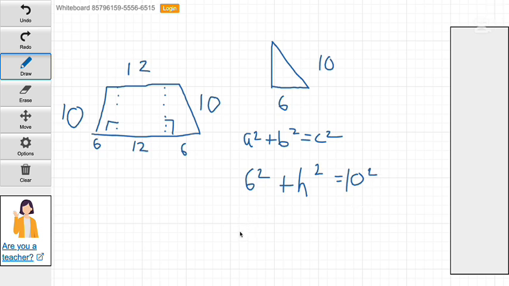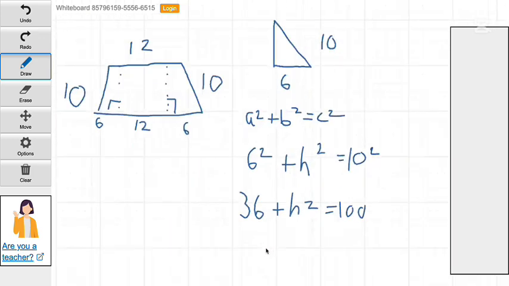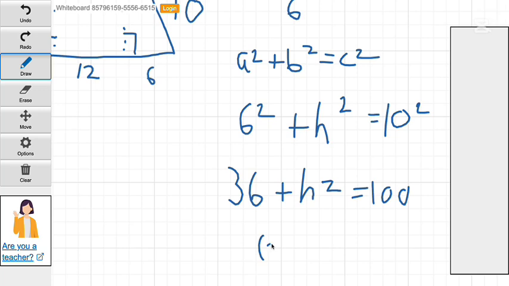So that would mean 36 plus height squared equals 100. And 100 minus 36 is equal to 34.